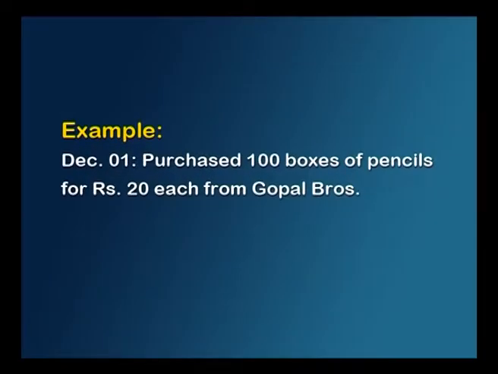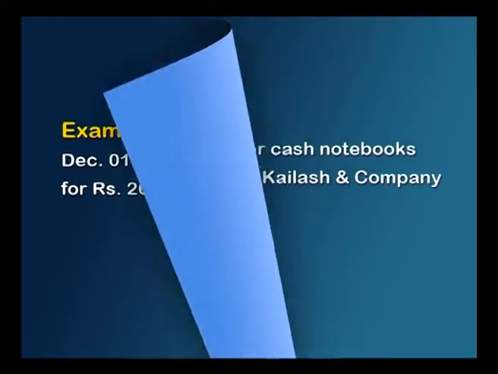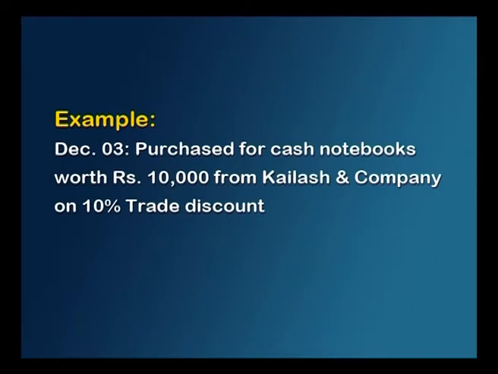December 1, it purchased 100 boxes of pencils for rupees 20 each from Gopal Brothers. December 3, it purchased for cash notebooks worth rupees 10,000 from Kailash and Company on 10% trade discount.